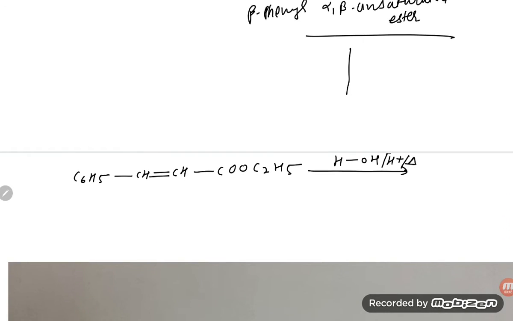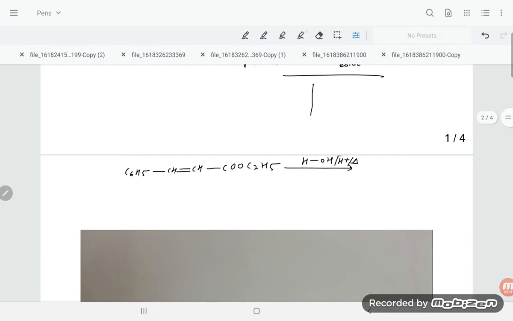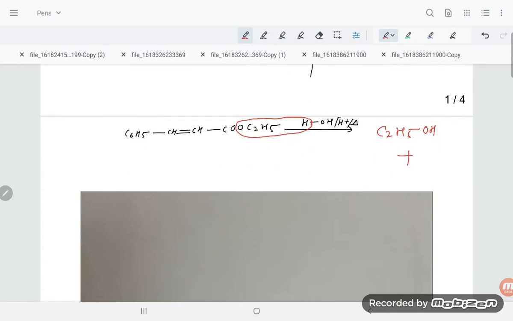So what is it going to give, students? Firstly, let us see how H is getting utilized. This H is there, and here is C2H5OH, the C2H5 and OH. And secondly, the other thing it will form is C6H5, CH, double bond, CH, COOH.